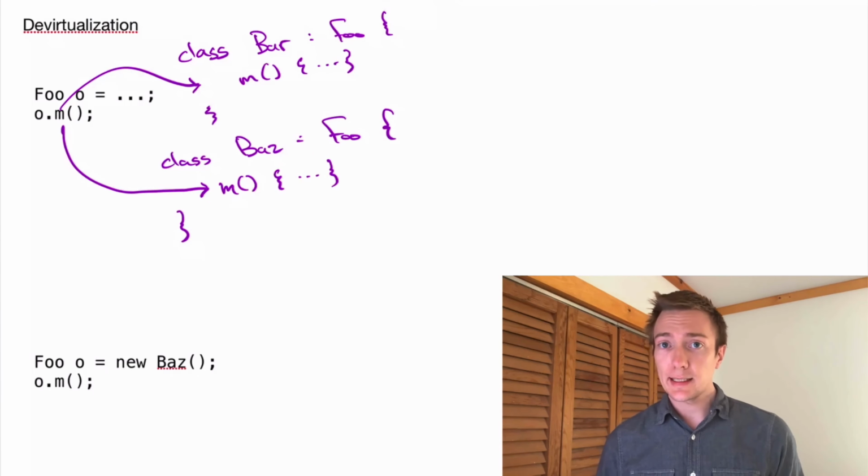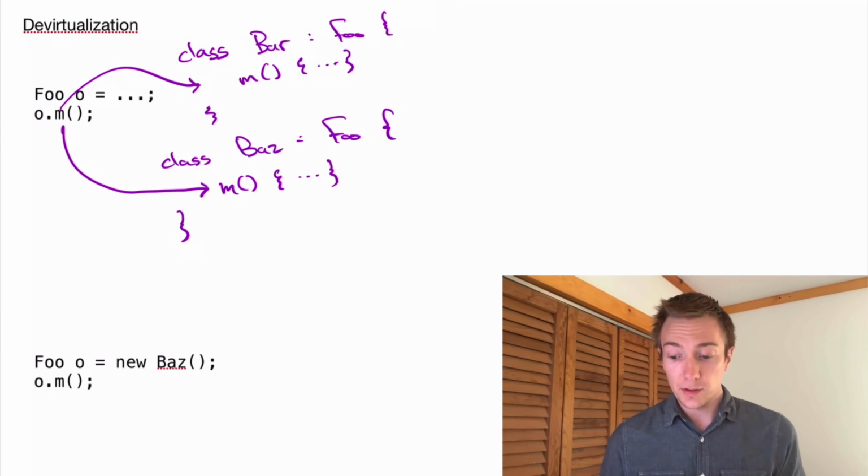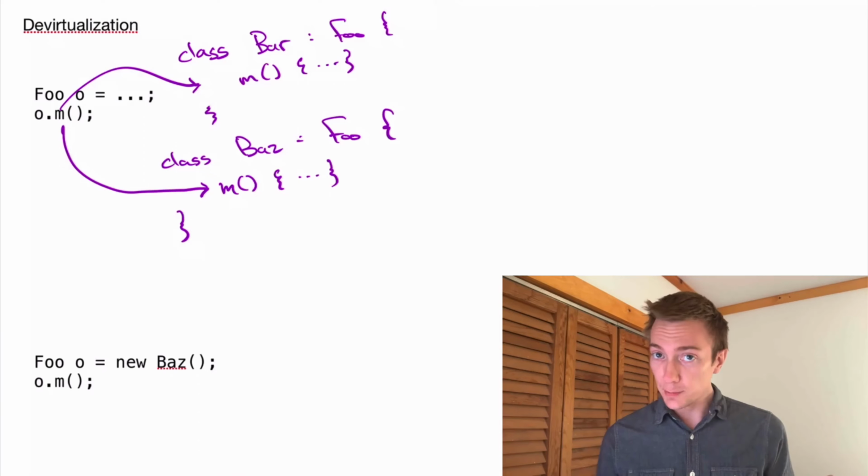Devirtualization is an analysis and transformation that tries to take virtual function calls and turn them into static function calls. So it deduces, in the opportunities where it's possible, and of course it's not always possible, exactly which code you're calling, and therefore makes it possible to do interprocedural optimizations and to do inlining just like normal on any other static function call.